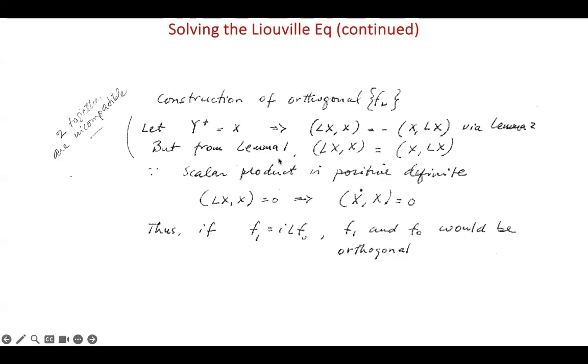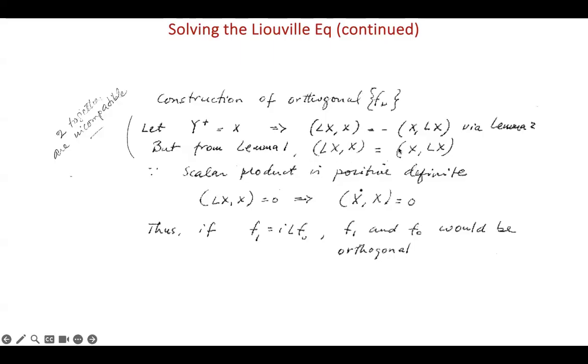But from lemma 1, this is like y only. So Lx comma x is also x comma Lx. So if I write y dagger equal to x, then to reconcile the two consequences, Lx comma x is equal to minus x comma Lx, and Lx comma x is also equal to plus x comma Lx.